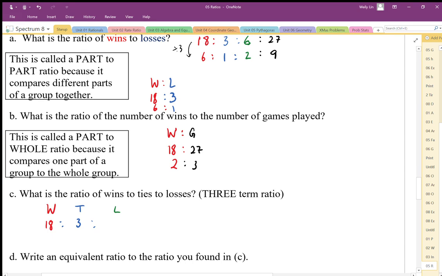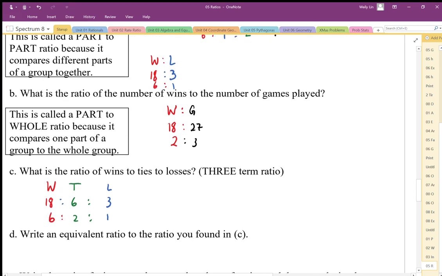Oh, sorry, wins to ties to losses. So we need to write that a little bit differently. Ties was 6, and then the losses, there was only 3 losses. And again, we can reduce those terms. The order is important because we said in this case wins to ties to losses, so we need to make sure that we write the terms in the correct order.